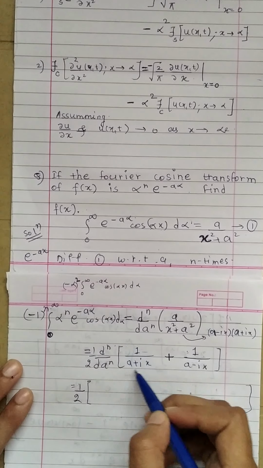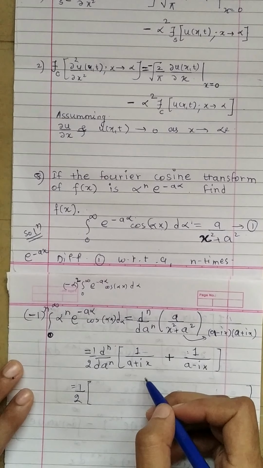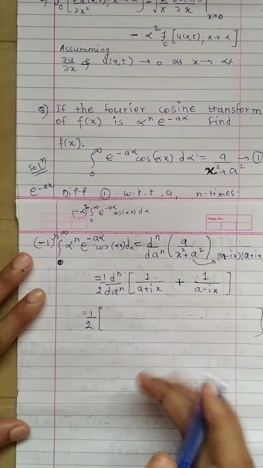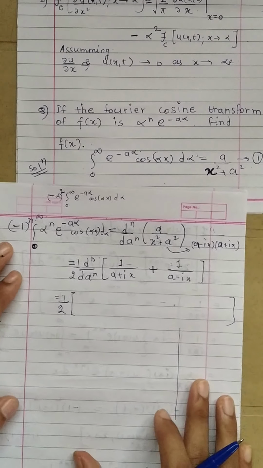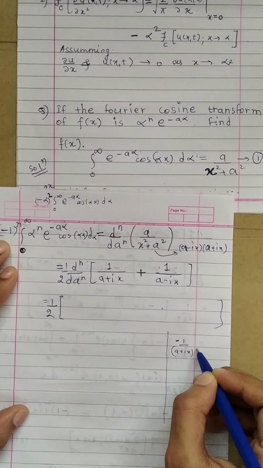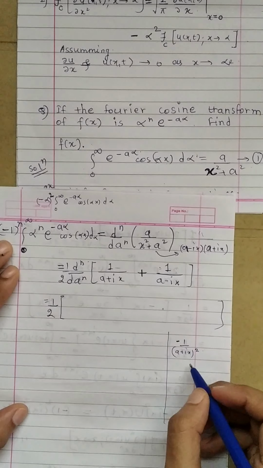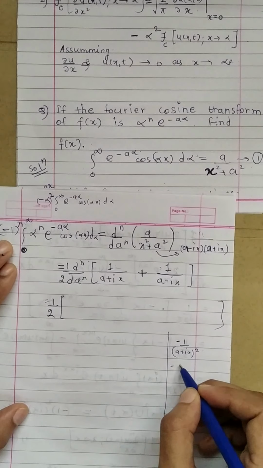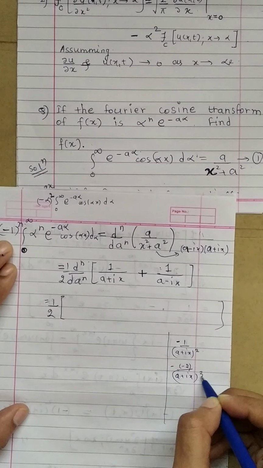If we differentiate this with respect to a only once, what happens to this quantity? It will be minus 1 upon a plus i into x the whole square. If I differentiate it again with respect to a, then this minus sign will remain, minus 2 into a plus i into x the whole cube.